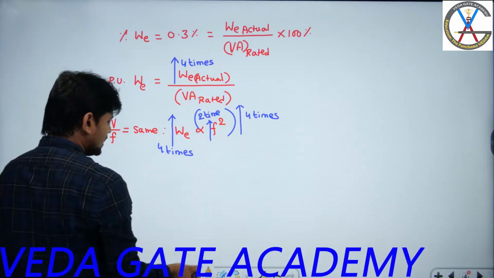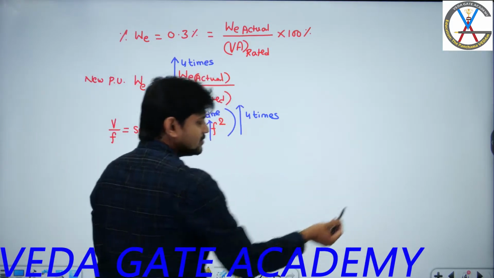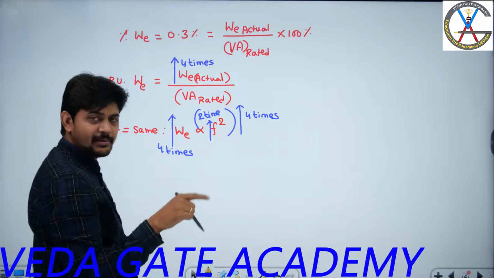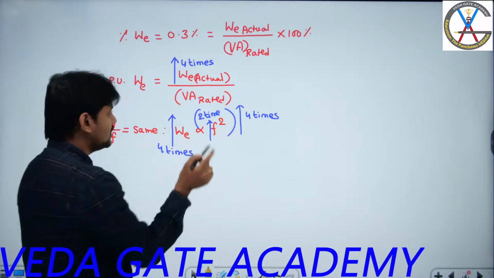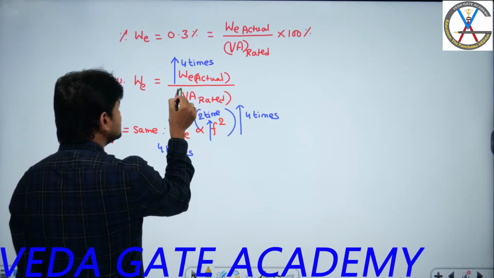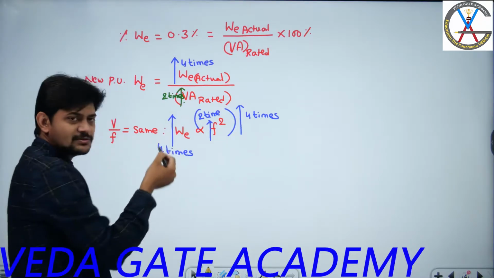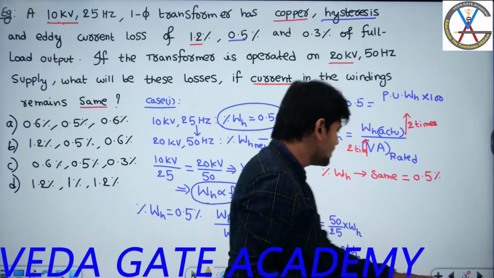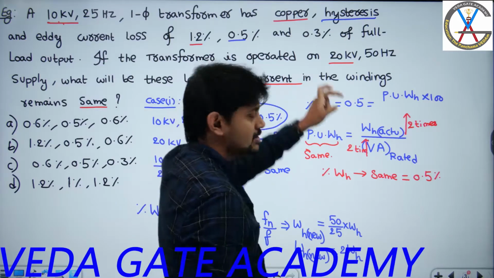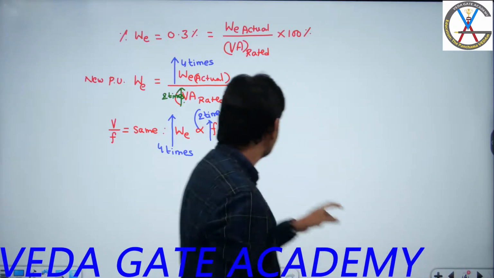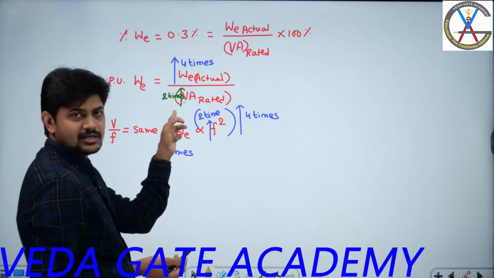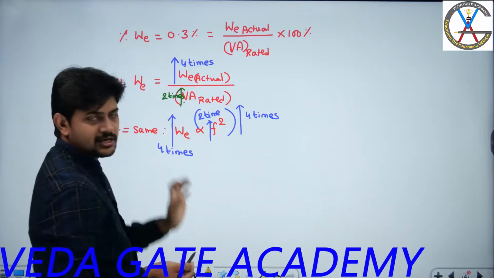Now, what will happen to the kVA rating of the transformer? Already we have discussed. Current in the windings remains the same from original to new case. But what will happen to voltage? Voltage is increased by 2 times, because it is increasing from 10 kV to 20 kV. So I can say that the denominator is increased by twice, numerator is increased by 4 times.